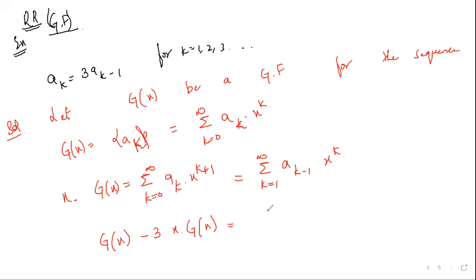G of x is the sum over k is equal to 0 to infinity of ak into x power k, minus 3 into the sum over k is equal to 1 to infinity of ak minus 1 into x power k.